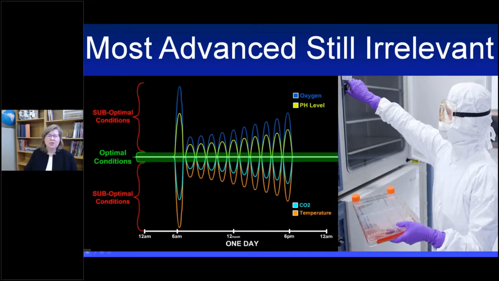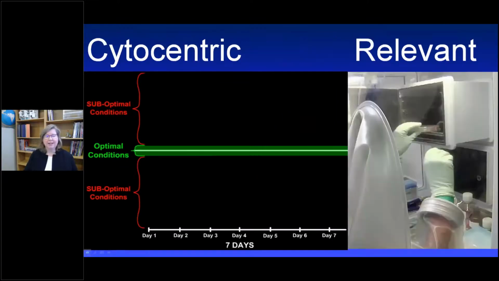And actually, it's even worse in a clean room, because if you think about it, these people have to dress up in all these layers of clothes, so they keep those rooms extra cold, which is even worse for the cells. It's essentially a people-centric environment, not a cytocentric environment. In a cytocentric environment, you can have no suboptimal transients, full-time control of cell conditions wherever the cells and tissues need to be.